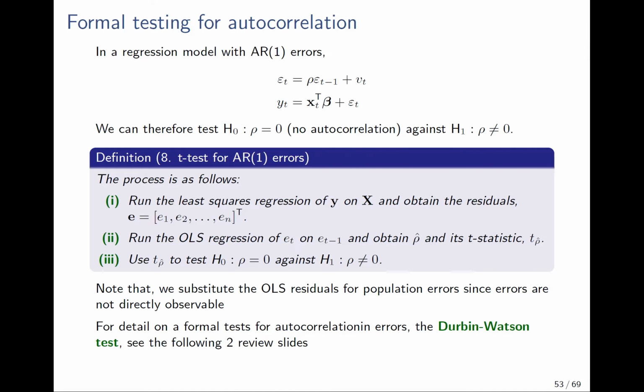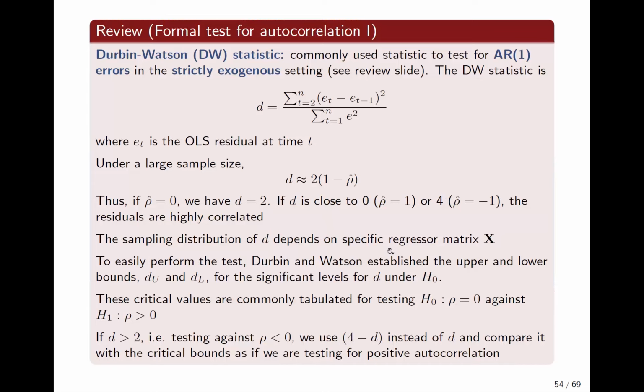So it's actually just as simple as that. Note that we substitute the OLS residuals for the population errors, since the population errors are not directly observable. And in the review slides, we provide some additional detail on a test known as the Durbin-Watson statistic, roughly based on that principle.